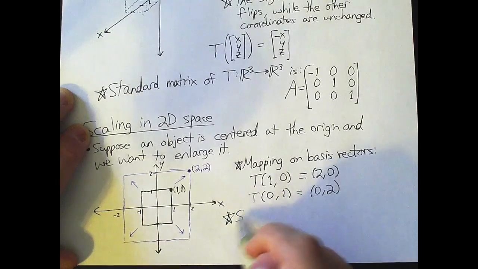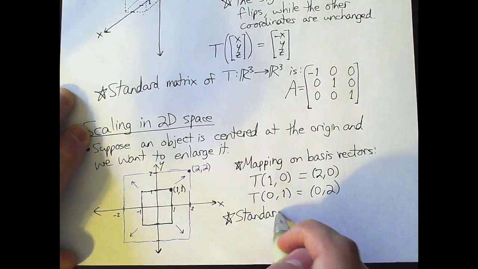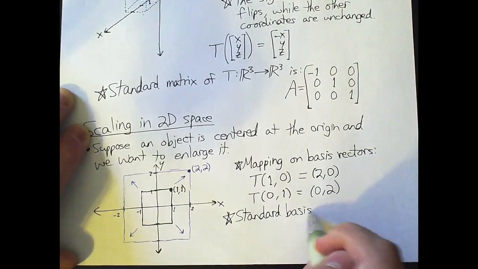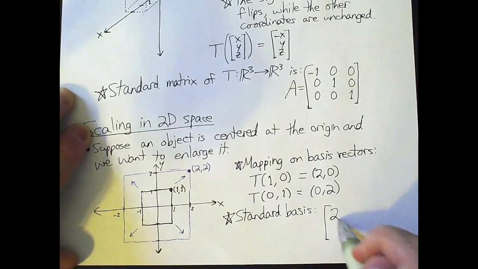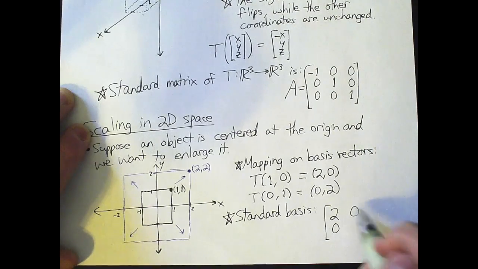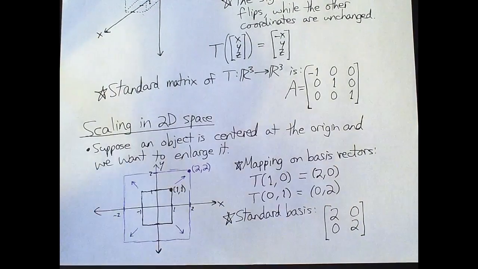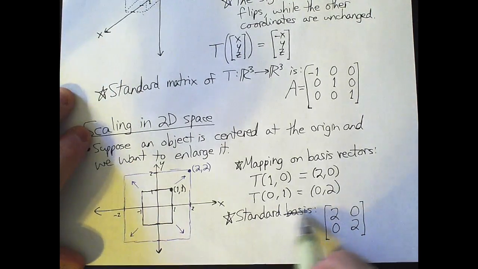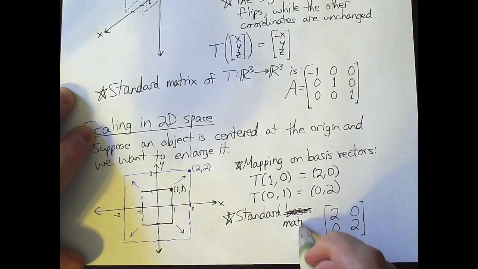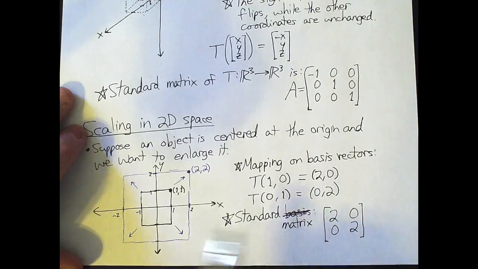So the standard matrix of this linear transformation seems to be 2, 0 as the first column, 0, 2 as the second column. And yeah, any kind of set of two-dimensional points that you have centered at the origin and you want to expand by a factor of 2, you wind up using... Oh, I'm sorry, I wrote standard basis. I meant standard matrix. The standard matrix of this transformation.